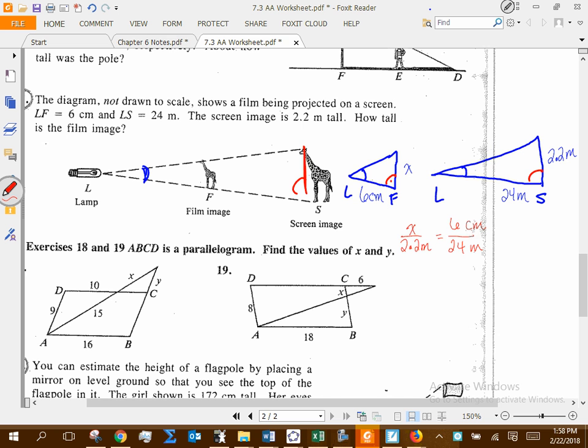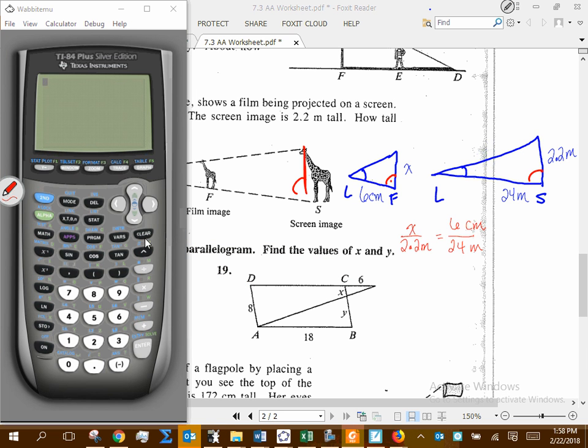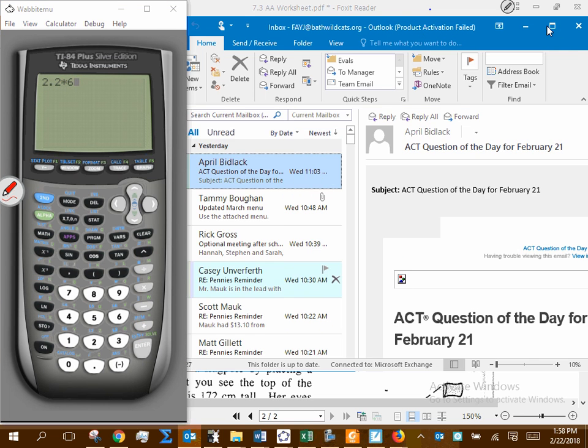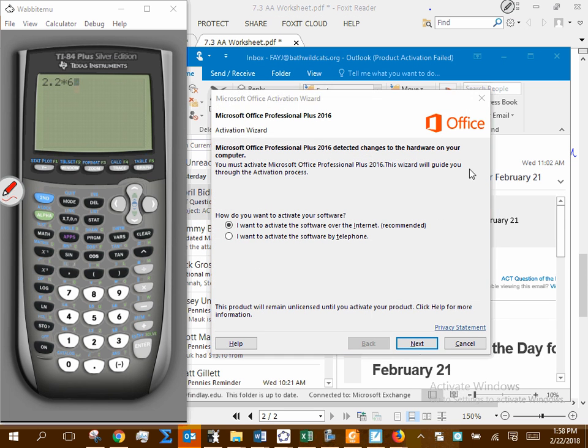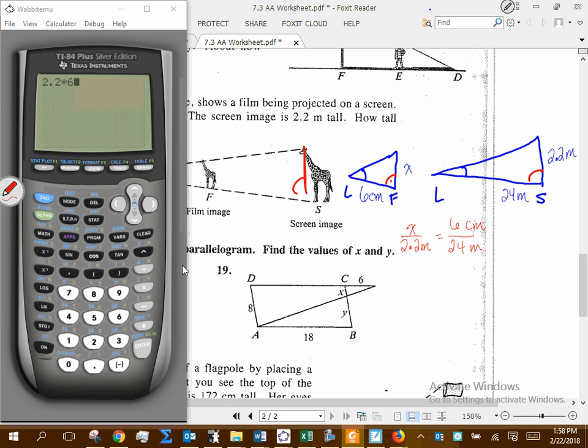Now I put my units in there just to make sure that we pay attention, because if I cross multiply right now, I'm going to get an answer. Let's just real quick show you this. If I cross multiply, you get 2.2 times 6, and then I'll divide that by 24, and I get 0.55.